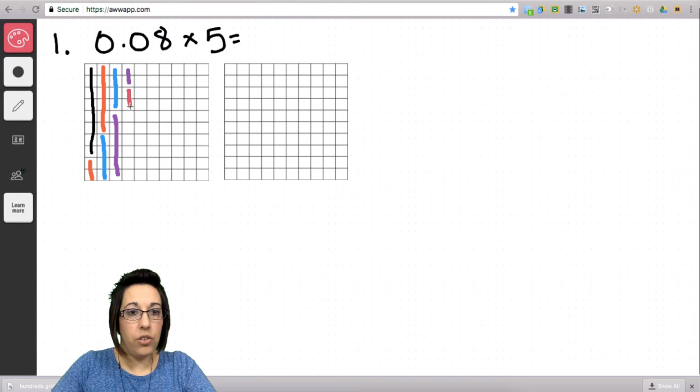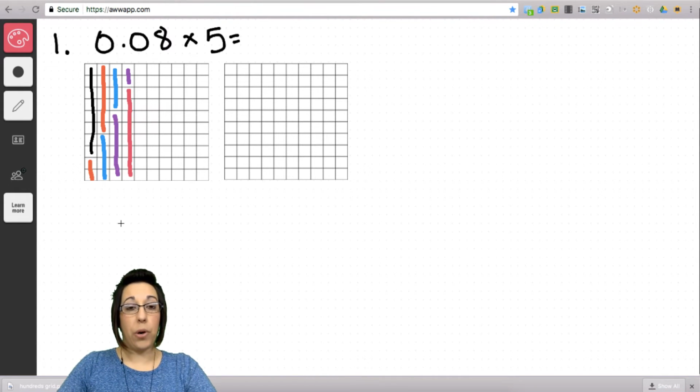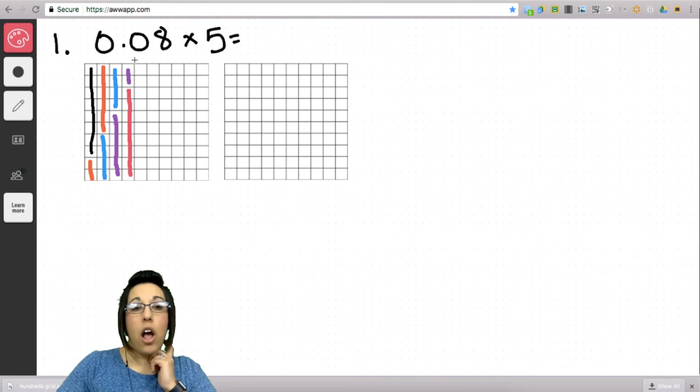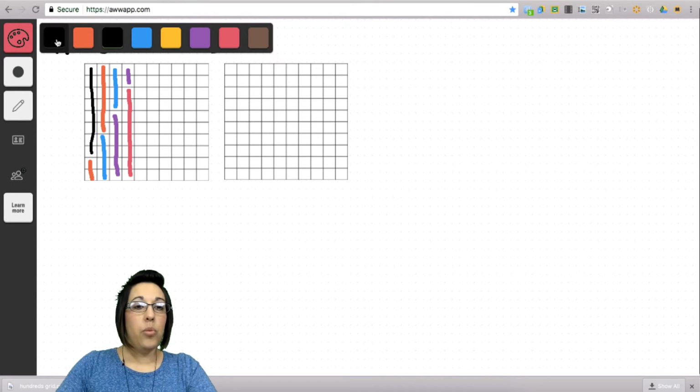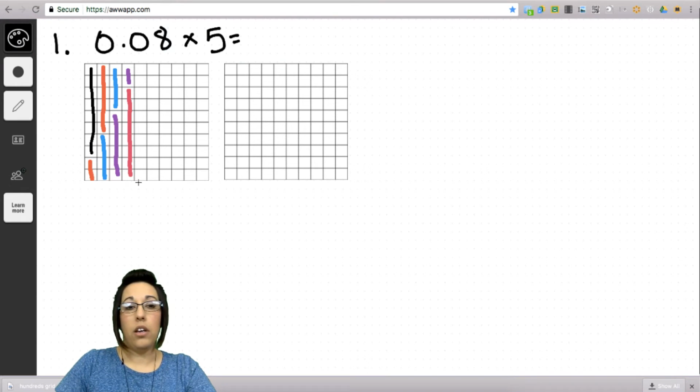And 1, 2, 3, 4, 5, 6, 7, 8. That would be 5 groups. So when we look at our hundredths chart, we can visually see that our answer should be 4 tenths.